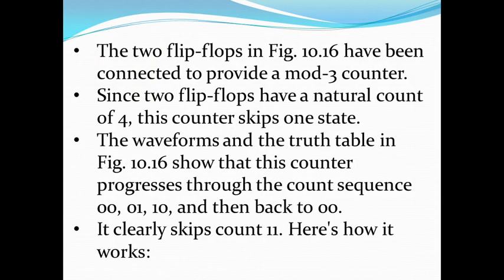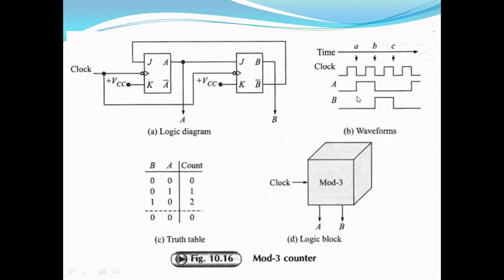I can show you here in these waveforms. You can see that the waveform of A, this is high and this is going to be low. So from here to here, how many waveforms are going to be accommodated?